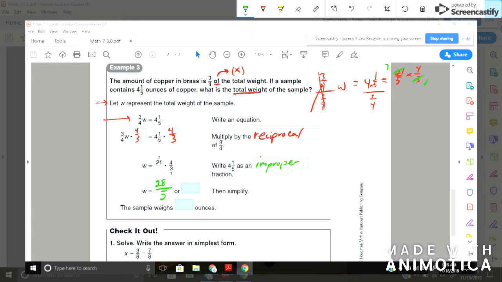Or, let's see, 5 goes into 28 5 times, which is 25. 3 left over to get to 28 and keep my denominator of 5. So the sample weighs 5 3/5 ounces. And that makes sense because 3/4 of this is 4 1/5 copper.